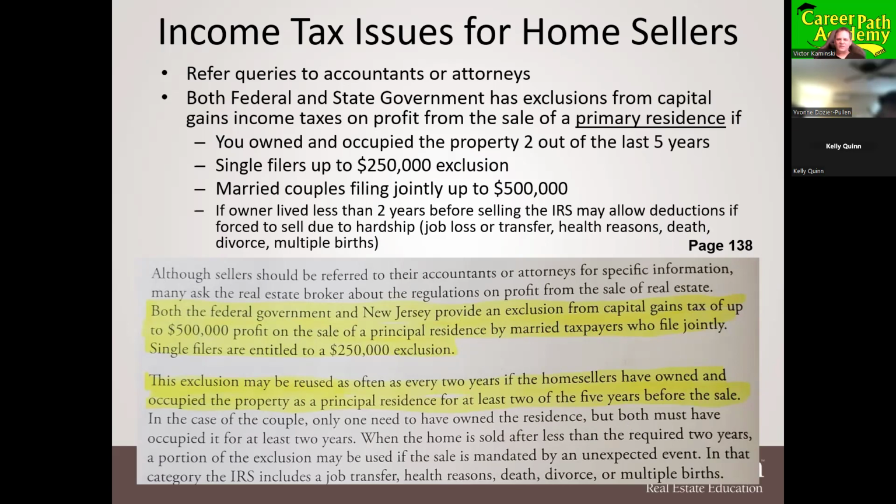You buy a house, fix it up, live in it, get it to appreciate in value, buy another house, move into that one, rent out the current one until the value appreciates enough, or just sell it outright. As long as you lived in it as your primary residence at least 2 out of the last 5 years, and you sell that property, you pay nothing in capital gains tax, no income tax on that profit.